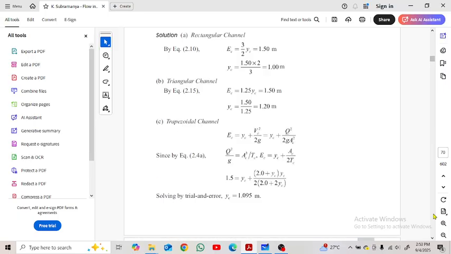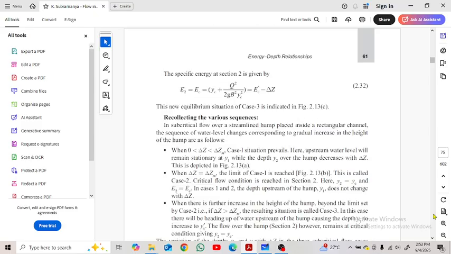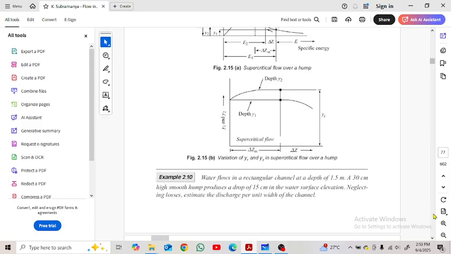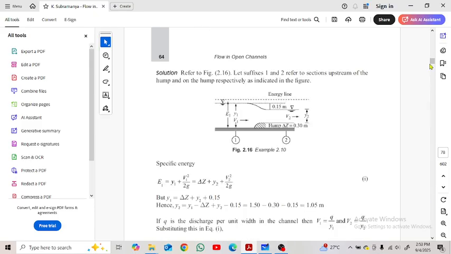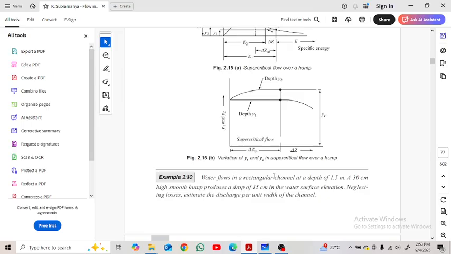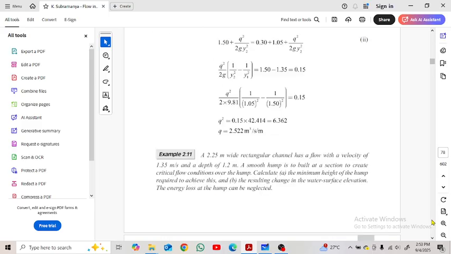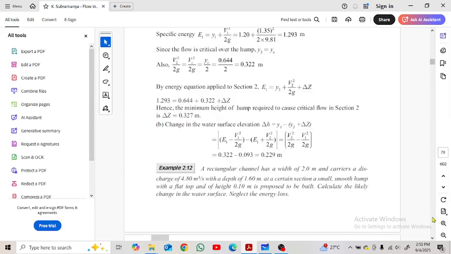This is also important. In this question, water flows in a rectangular channel section, and a hump produces a drop of 15 centimeter in water surface elevation. This kind of question has been asked in examination. So this one, 2.11, is also very important.